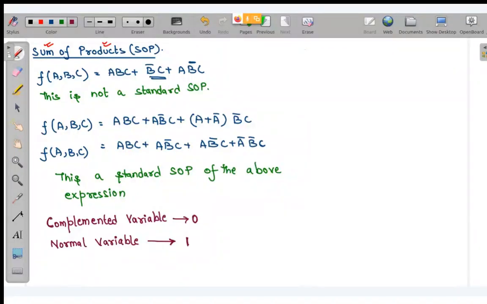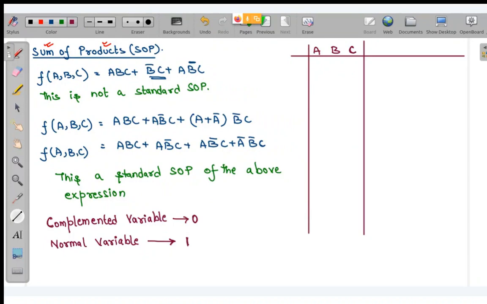Let me make a table. This is the decimal corresponding to 0, 1, 2, 3, 4, 5, 6, 7.